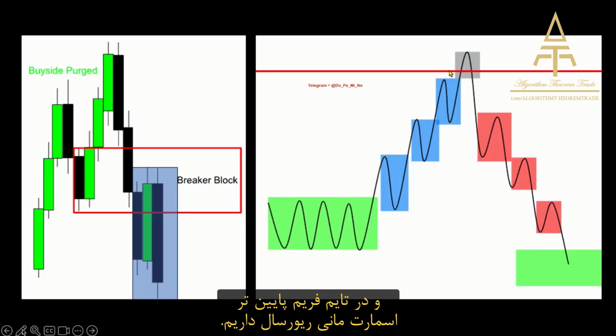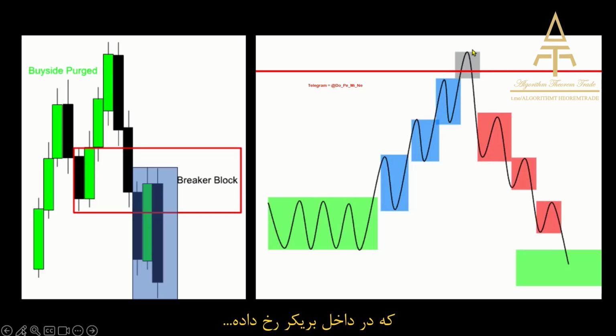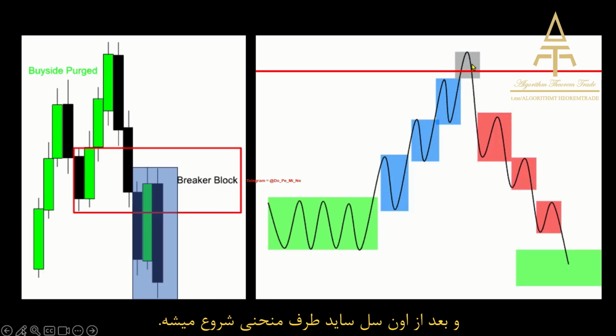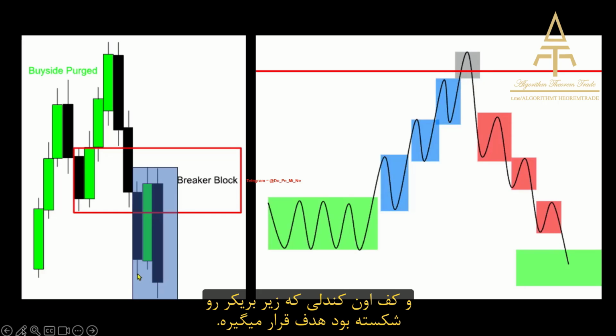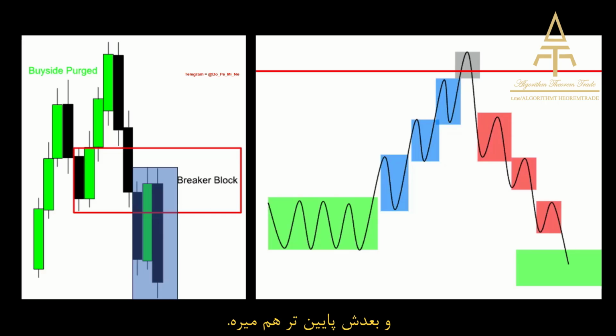And on a lower time frame, we will see that a smart money reversal unfolds inside that bearish breaker, and from there on we see the sell side delivery of the curve occur into the sell side liquidity engineered below the first candle that broke below the bearish breaker and lower eventually.